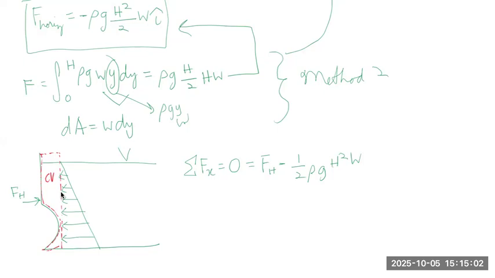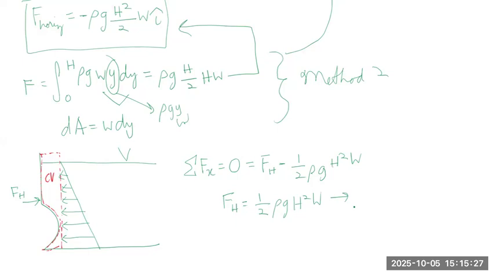So again, this horizontal force has magnitude of 1/2 times rho g h squared times W, and it acts to the left.